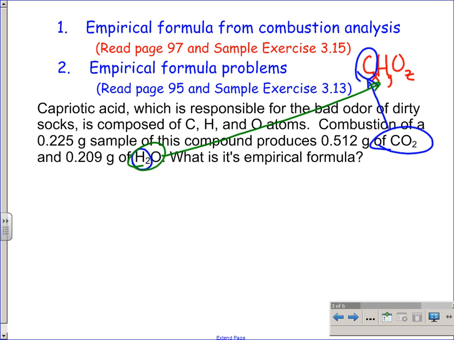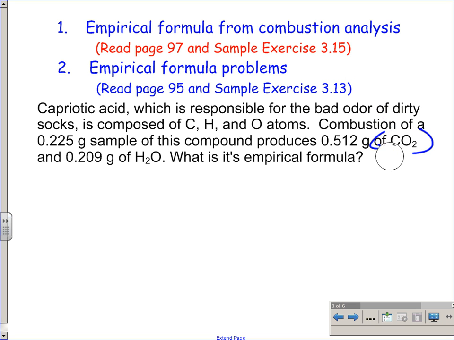So big picture, you need to understand, if we can find the C and the H, so we're going to use our math to find how much C and H we have, remember, this plus that plus the oxygen, those three things added together have to equal the mass of our original sample, which is right here.